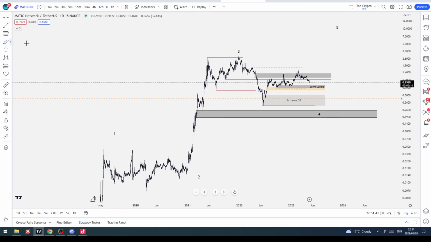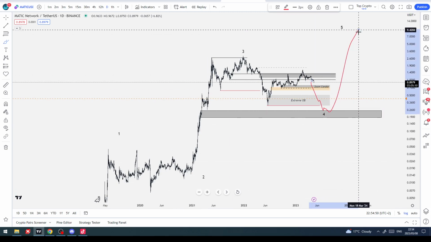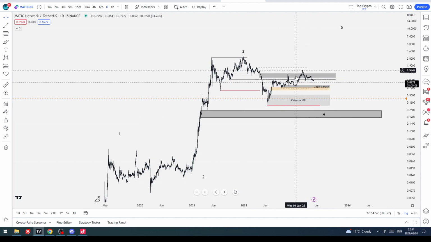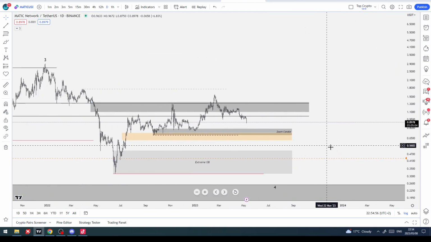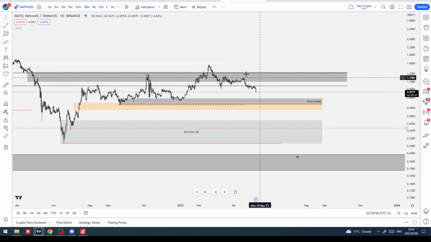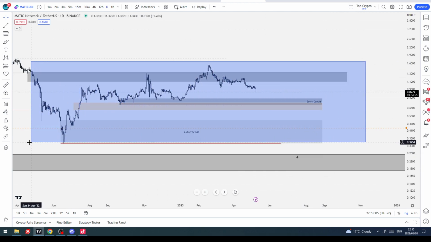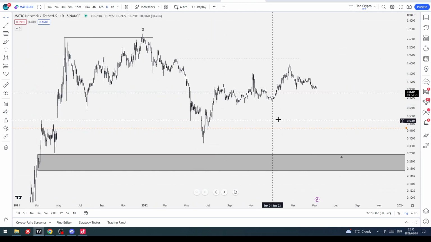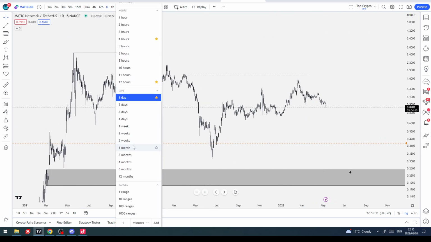That's still not out of the equation. Okay. Still not out of the equation. Here we do nothing. This is the middle of nowhere. You've taken liquidity, you've taken the candle, so let's get rid of all of this for now, right? Switch it up to a monthly.